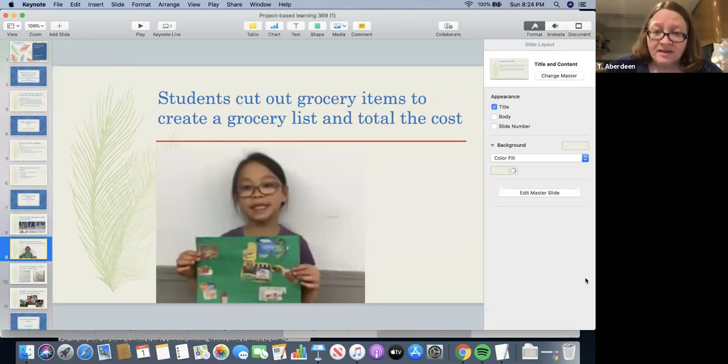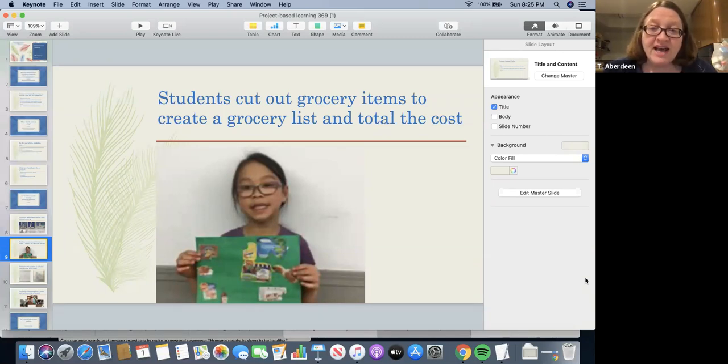I gave the students random shopping flyers like you would have at Superstore. Because the flyers are all in English, they had to create a grocery list. Whatever they thought was their proper grocery list, and they had to cut out their items. And then they made a cost for whatever those things were.